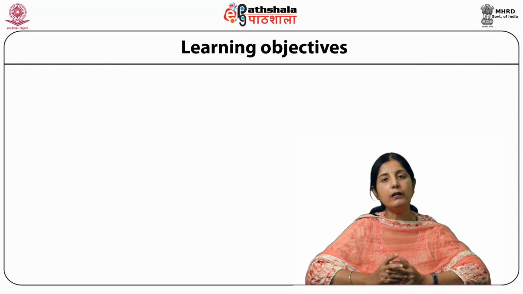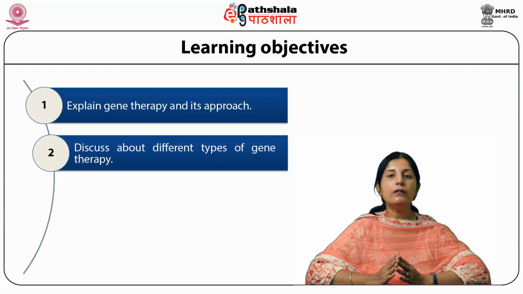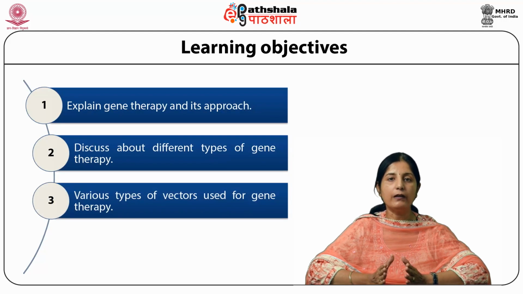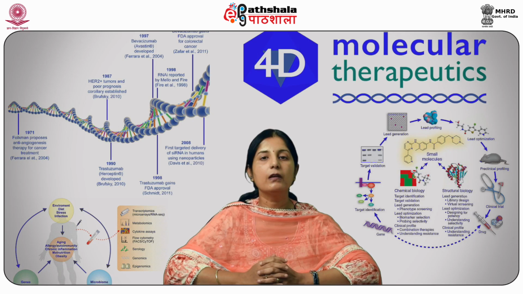Now, after going through this module, you should be able to explain gene therapy and its approach, discuss different types of gene therapy, list various types of vectors which are used for gene therapy, and then discuss the challenges and risks associated with the technique.